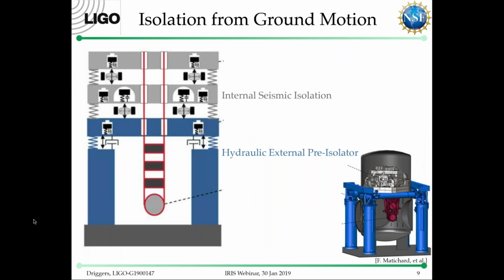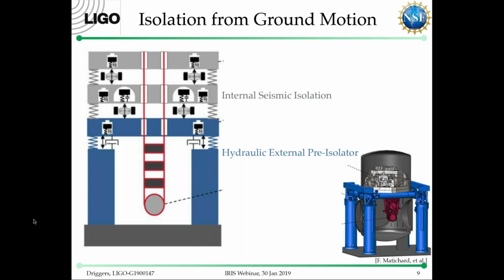So here we have a schematic drawing of the seismic isolation system that helps hold and support the mirror pendula. In the blue, again, we have the external pre-isolation system, which uses hydraulic actuators. These are quite high range for us.